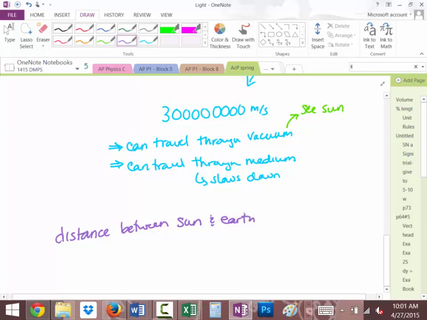Have you heard the term light year? So a light year is a measure of distance, not a measure of time, even though it sounds like maybe it should be, right? It says year, it should be time. No. Okay? Distance between the sun and the earth is 8 light minutes.